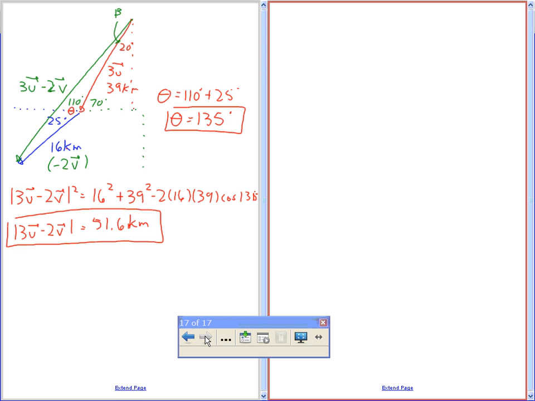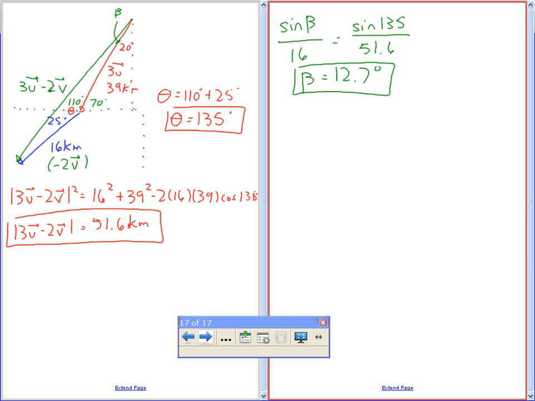So now again, it's going to go sine beta over 16 equals sine 135 over 51.6. I got 12.7 degrees. So basically there's 12.7, there's 20.